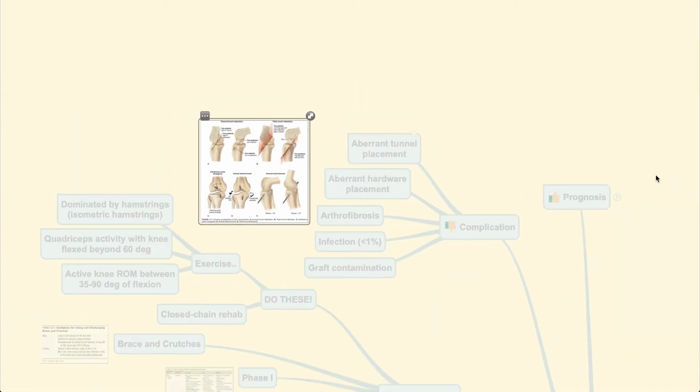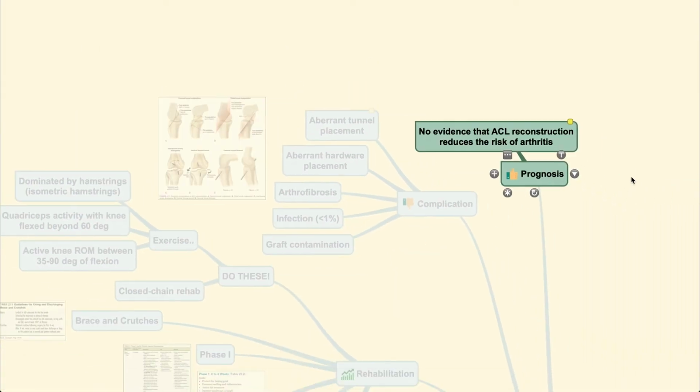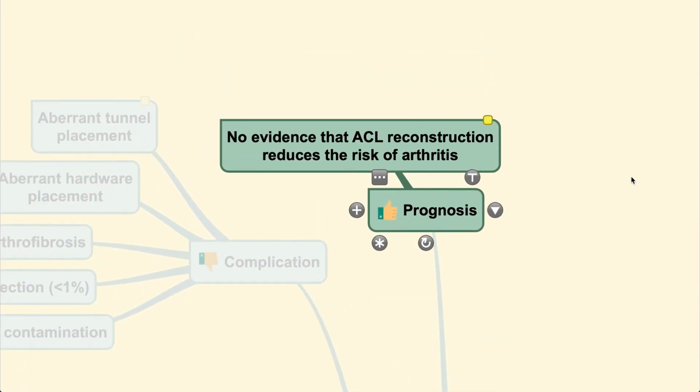Okay, and the prognosis. People frequently ask, what happens after my ACL reconstruction? It is always mentioned that an ACL tear has a risk of causing instability of the knee, but sometimes patients present to us with an ACL tear, but the knee looks fine even into old age. So until now, there is actually no evidence that shows that ACL reconstruction reduces the risk of arthritis.